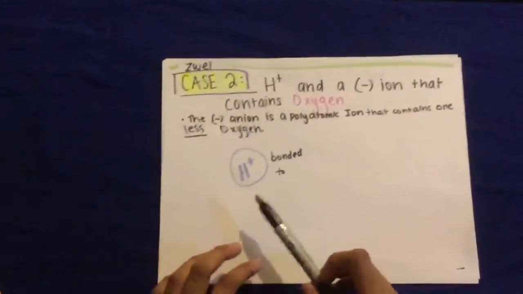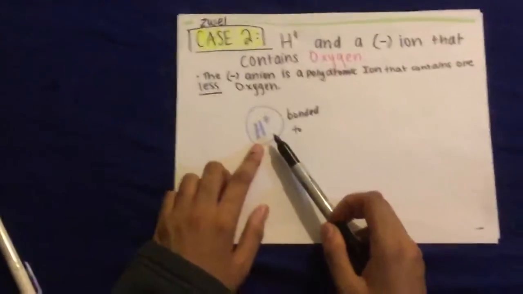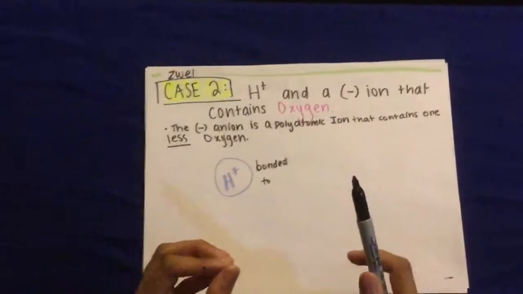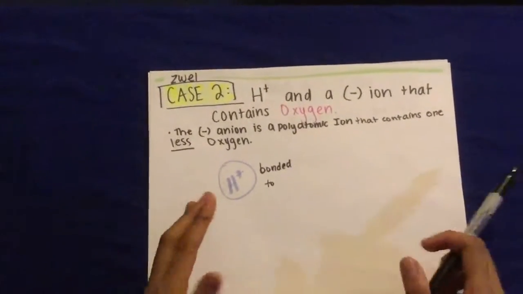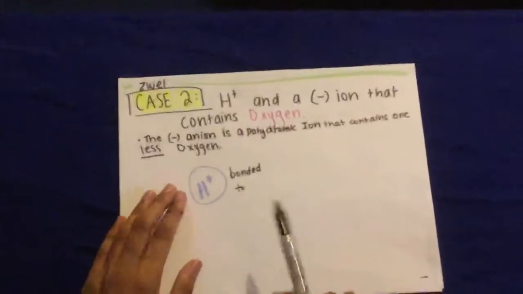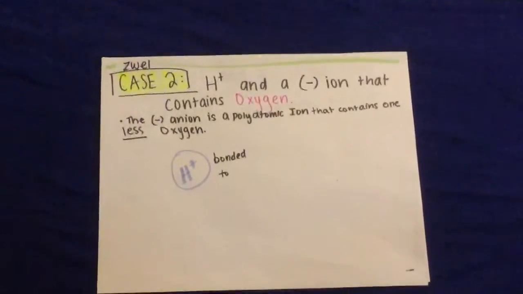So case number 2 will be when the H plus ion is bonded to a polyatomic ion that contains one less oxygen. And I'm going to explain that because that might sound a little confusing.